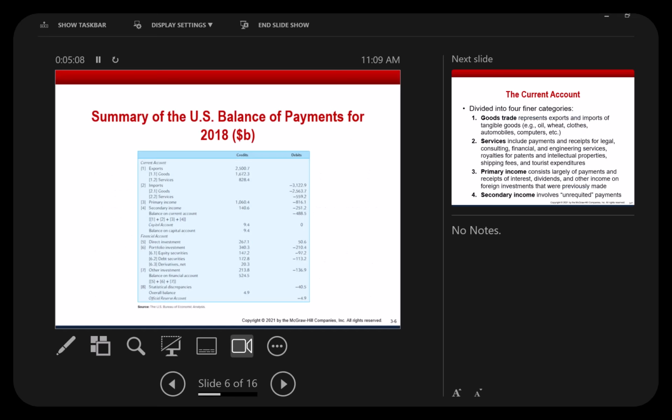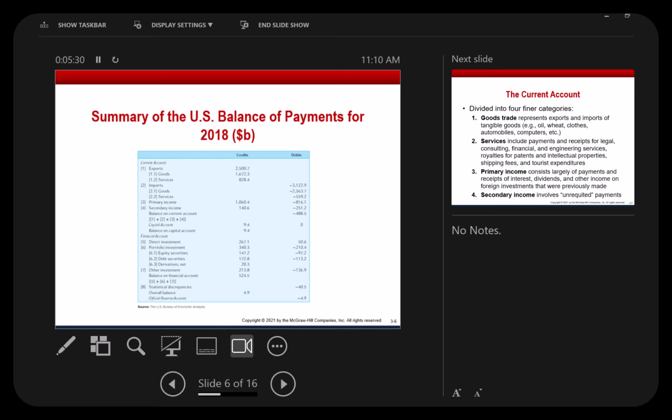Here's an example. These are for 2018. We'll also look at some current numbers, but for the US, exports are viewed as credits.